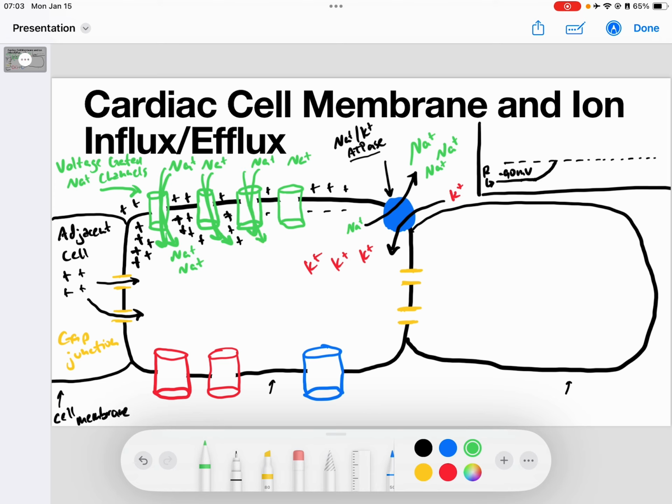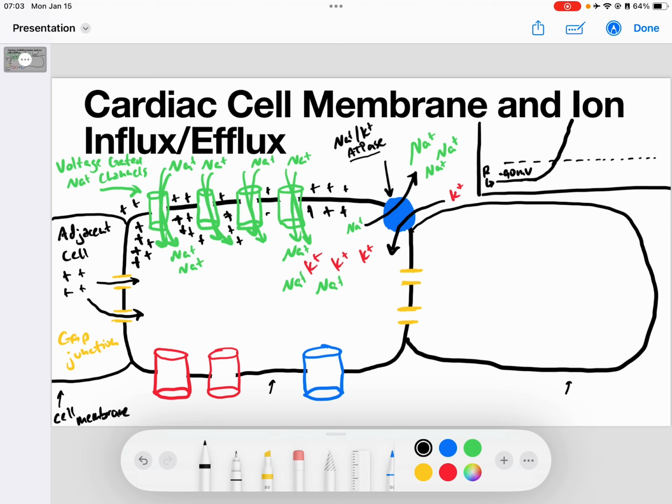And then it does the same thing, and we get more sodium. And so we get all this sodium that is now coming into the cell, making everything more and more positive. And so that, if we look on the upper right hand corner of the video, that is where we get our phase 0 of depolarization. That is our big upstroke in our action potential.